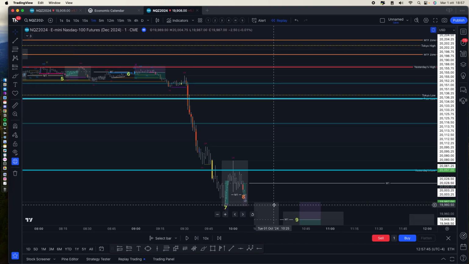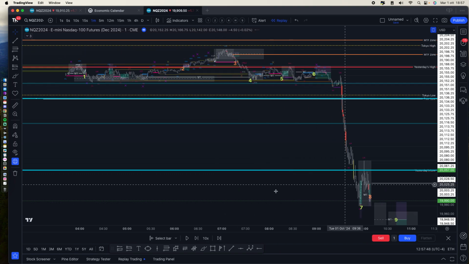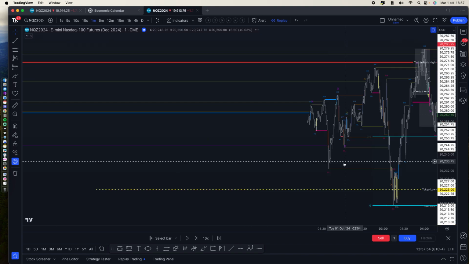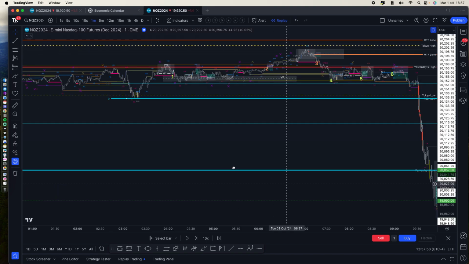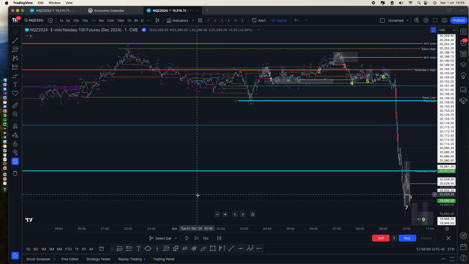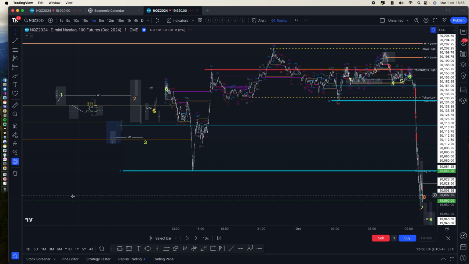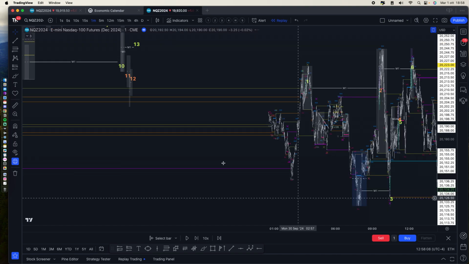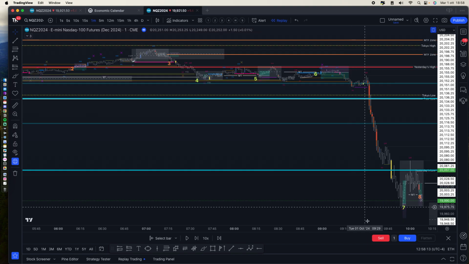Okay, so trade number 7: the reason why I took it is because it was a previous day very high probability level. Usually it was the last zone of, I cannot tell you, and I cannot go back enough.